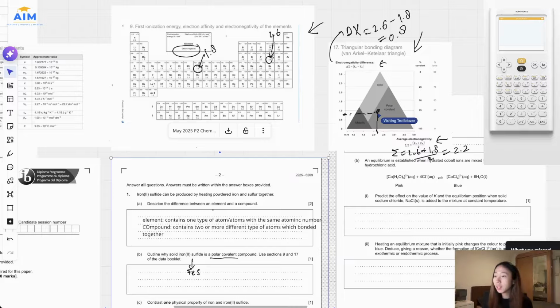When we are writing it down, you can say that based on the electronegativity, the difference is 1.0, and the average electronegativity is 2.3.